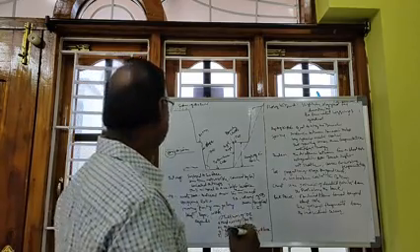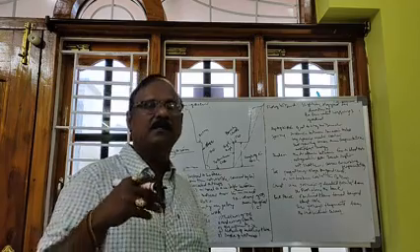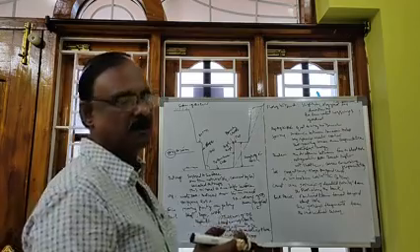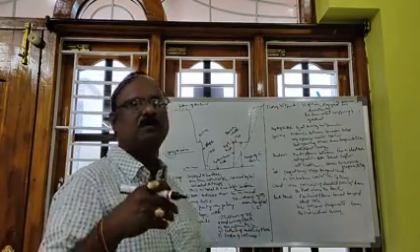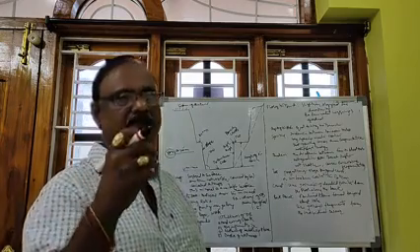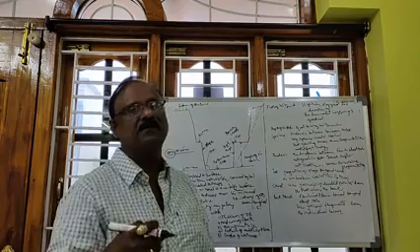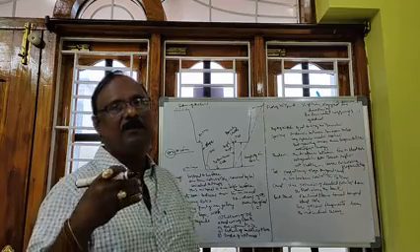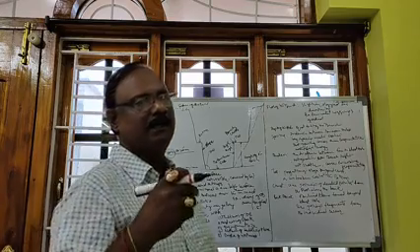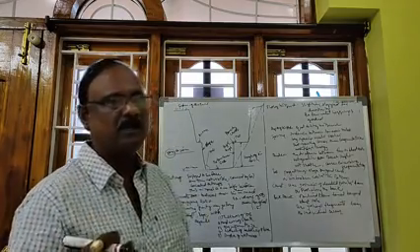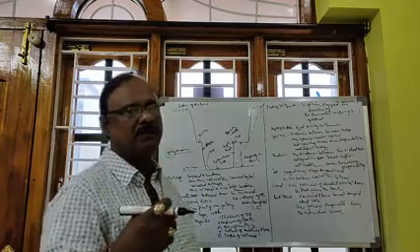If the surface cover is 300 meters and the height of the bench is 10 meters, then 30 vertical benches are needed to touch the mineral bed. So it depends upon the mineral occurrence from the surface and the height of the bench. The height of the bench generally varies from 10 meters to 30 meters.